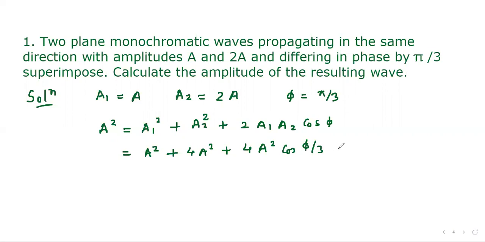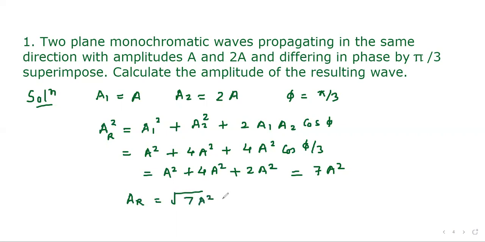And cos pi by 3 is 1 by 2. So this will become A square plus 4A square plus 2A square, that is 7A square. And this is A resultant. So A resultant equals root of 7A square, which will be A root 7, which is our answer.